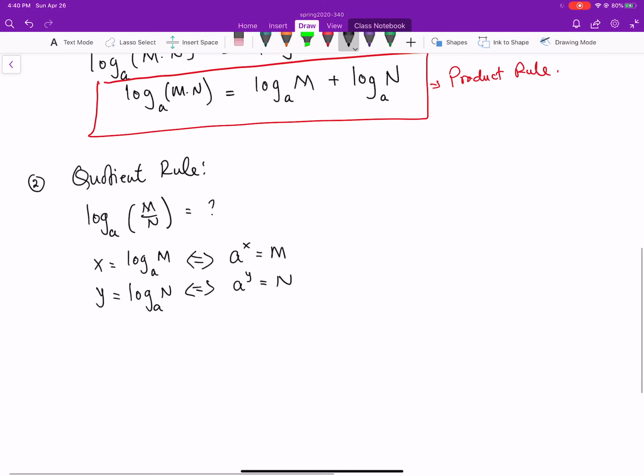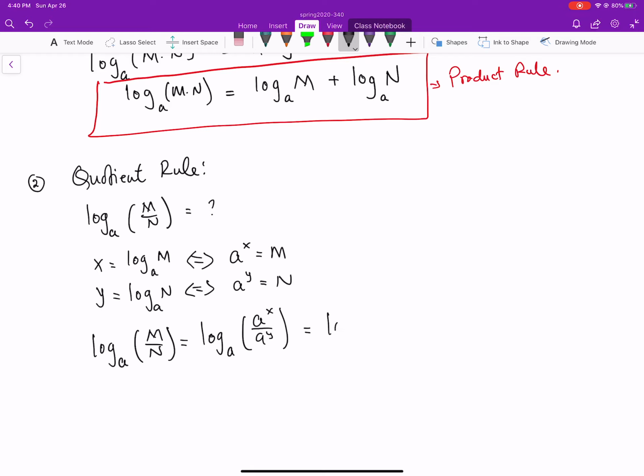So if I substitute the exponential form for m and n back into the quotient, then I see log a of m over n is equal to log a of a to the x over a to the y. And again, I see an opportunity to utilize my rules of exponents, which is if I have the same base and I'm dividing, I want to subtract the powers.